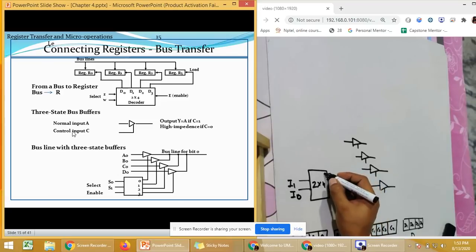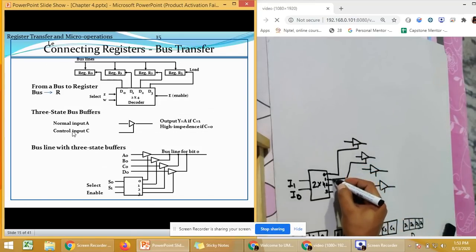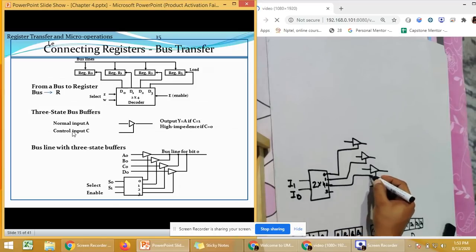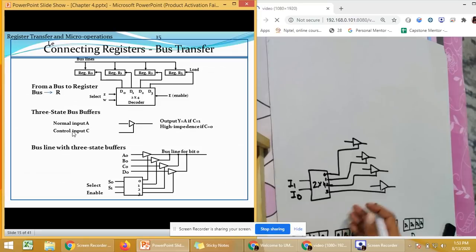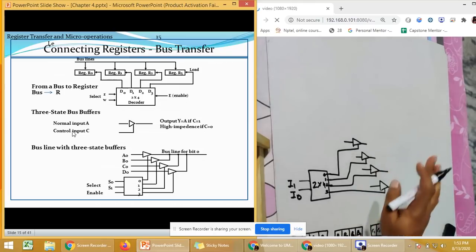Just connect all the outputs with the different buffers which we are having. Okay. Now how is this going to work? See, at one time we are going to get one output out of all these.